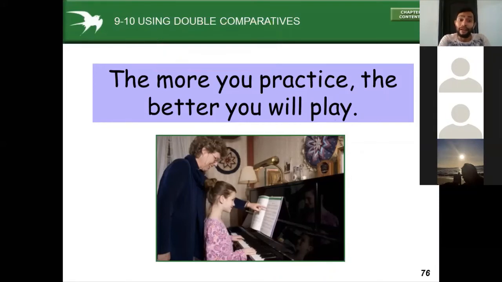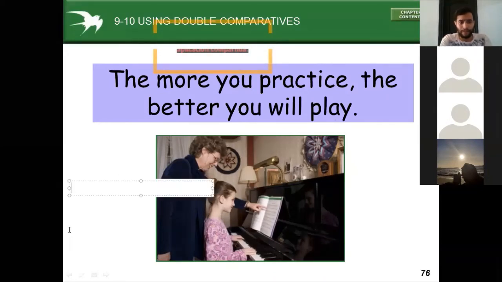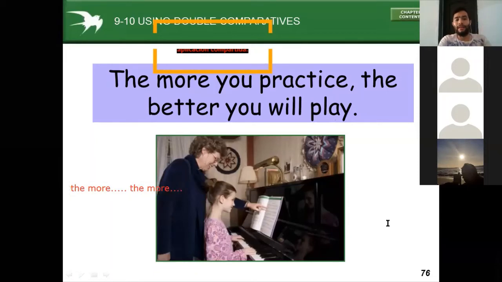Very good. All right. So here, what we are going to have is the combination, the more, the more. And what is the meaning of the more, the more? What Miss just said.